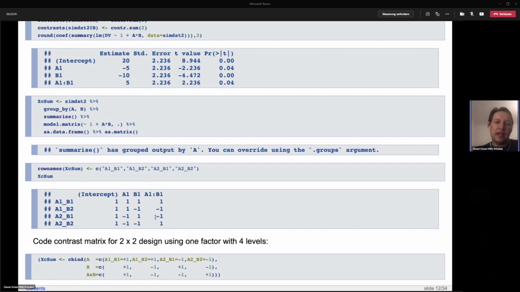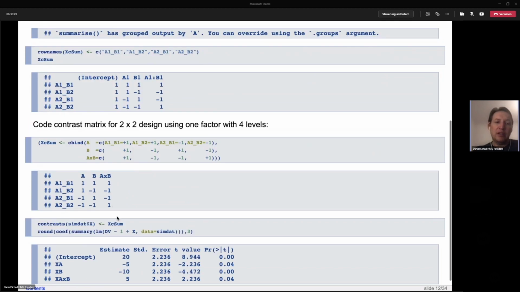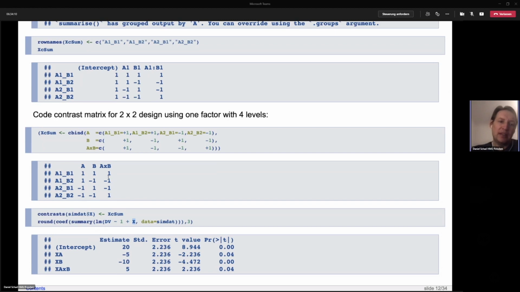In this model, these are different main effects and the interaction, but we can now go back to our original data where we have one factor X, not A and B, and we can design one contrast matrix that codes these main effects and the interactions.